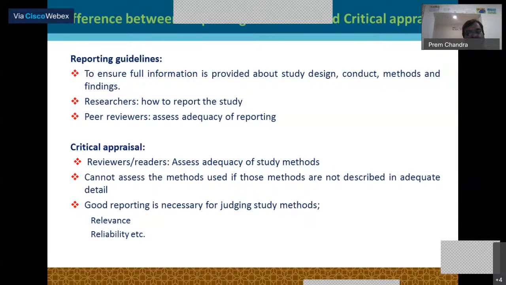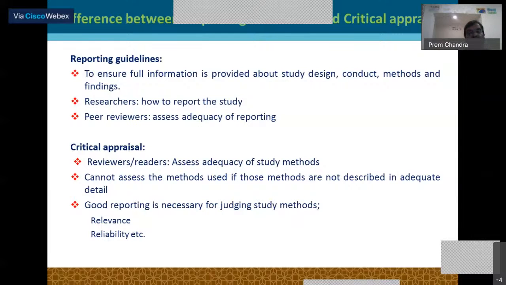So transparent reporting is a must, a prerequisite to do a critical appraisal. And good reporting is necessary for judging the study methods on relevance and reliability. Without adequate reporting, it would be next to impossible to judge the method.